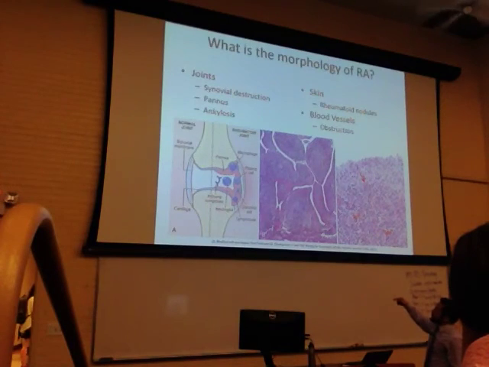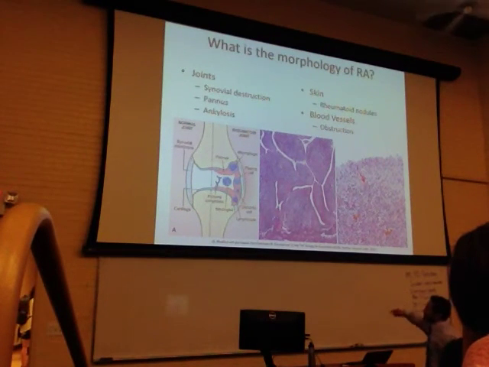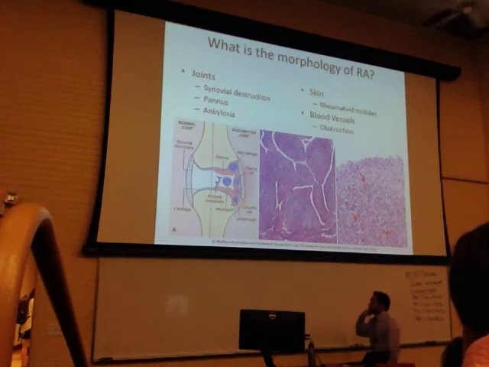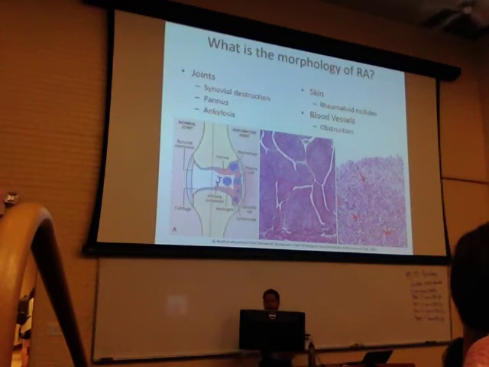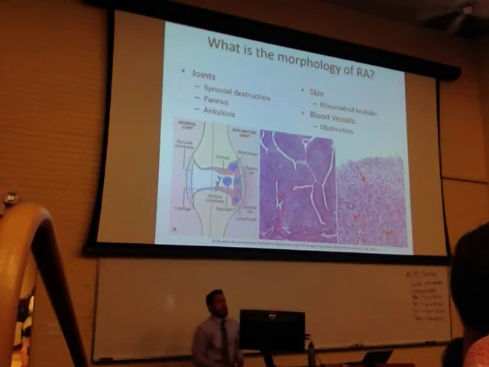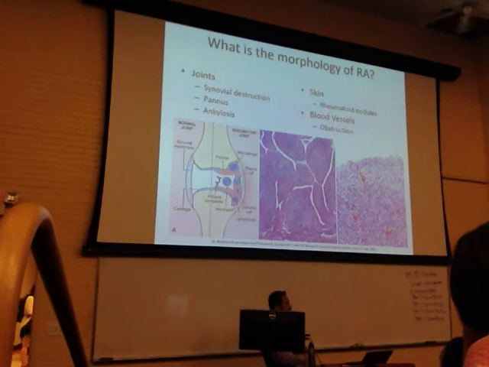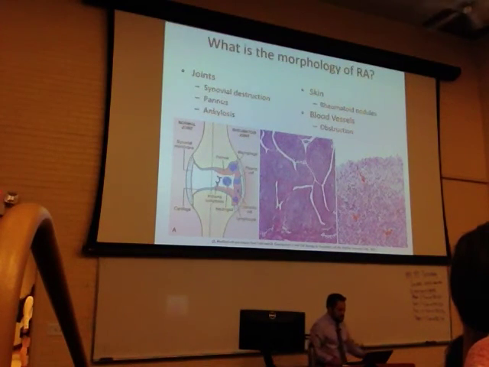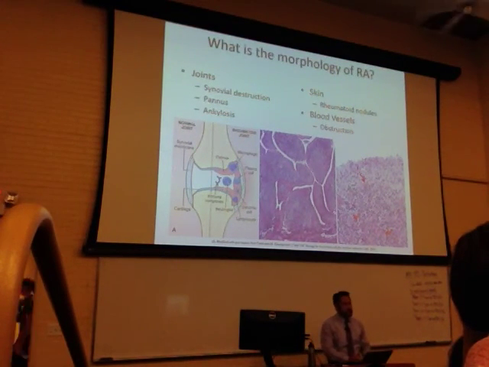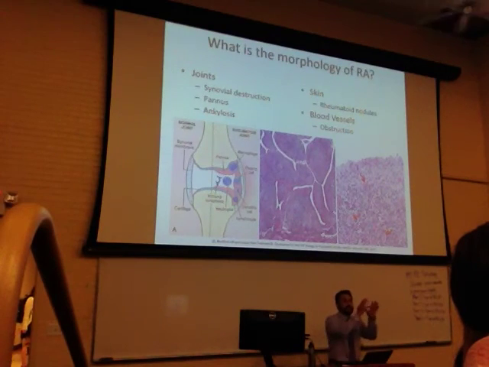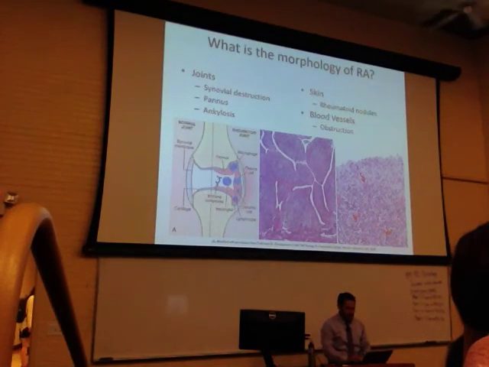We get infiltration of inflammatory cells and inflammatory mediators, and we get this pannus ingrowth of inflammation. The joint swells under this inflammatory response, and we develop what we call ankylosis. Ankylosis is a word that refers to a bent joint or a crooked joint. It's from the Greek, which means bent.